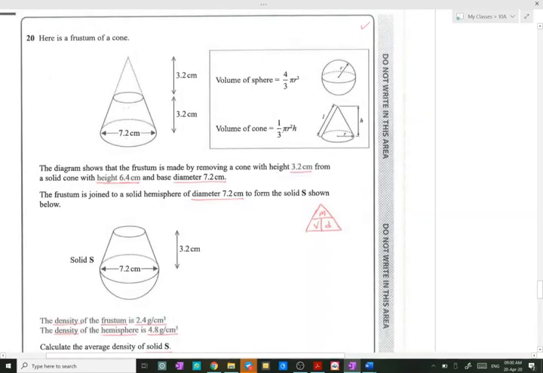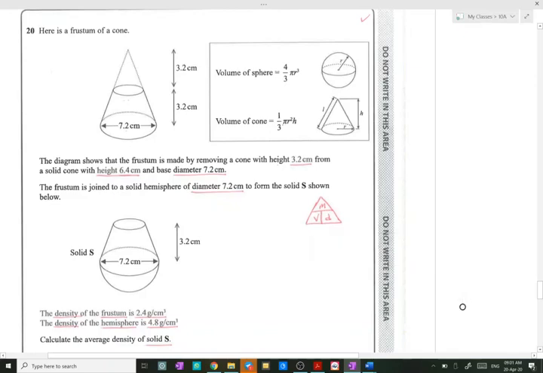The diagram shows that the frustum is made by removing a cone with height 3.2 centimeters from a solid cone with height 6.4 and base diameter 7.2 centimeters, and then the frustum is joined to a solid hemisphere of diameter 7.2 to form the solid S shown below.